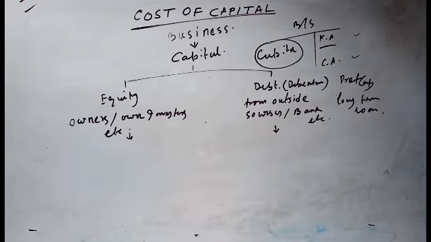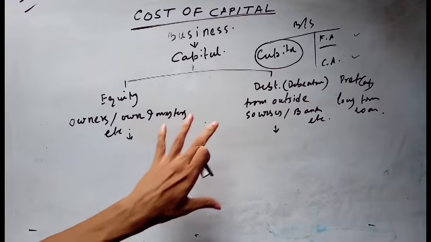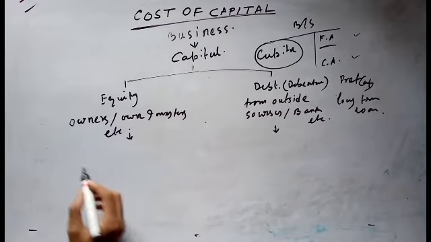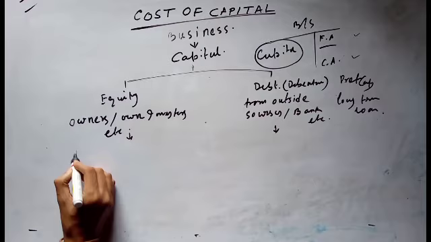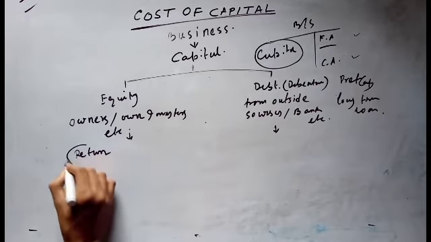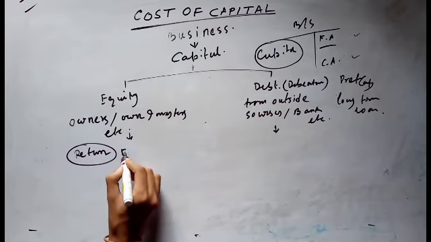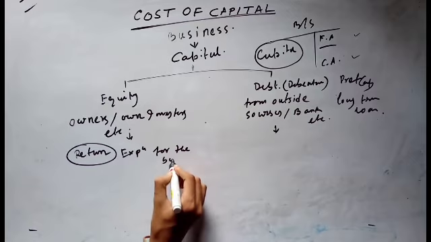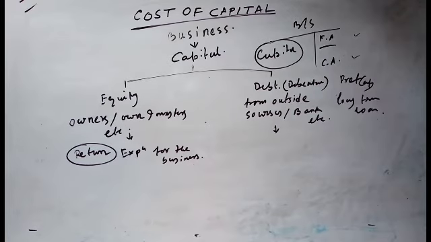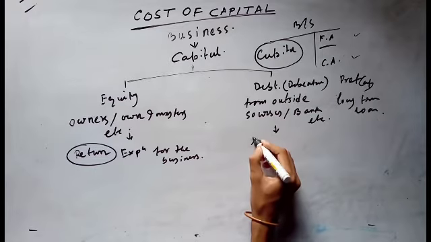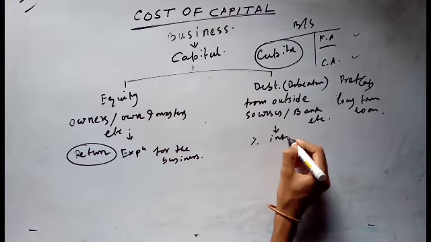Now as we are getting capital from these two sources, in return what do we need to give? For equity we need to give some return. This return is an expense for the business. And for debt we need to bear a fixed percentage of interest.